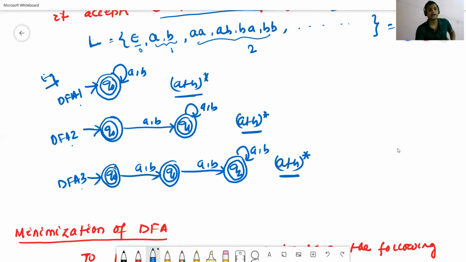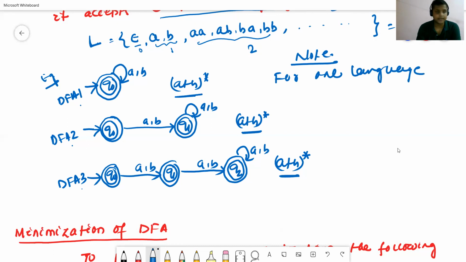But all the DFAs are completely different. Note this point: for one language, there may be many DFAs.